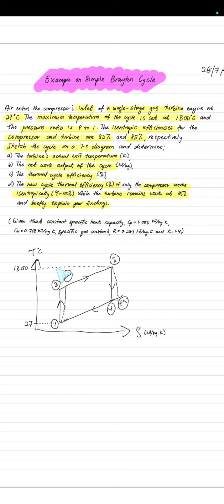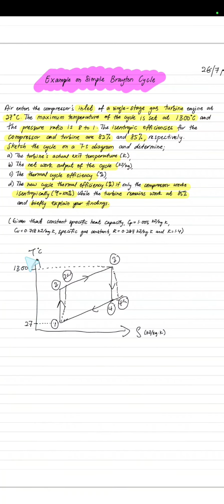So given to you, the highest temperature in this cycle is 1300 degrees C, where the complete combustion happens, right? So remember this line over here, 2 to 3, is the process where combustion happens, and this is where the fully developed combustion process ends before the gas comes into your turbine over here.